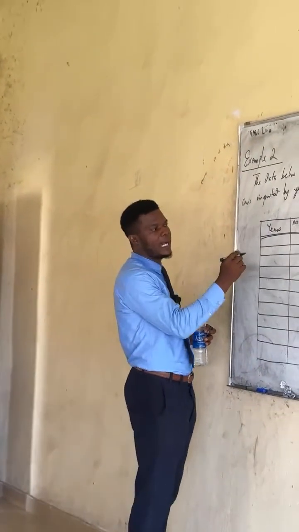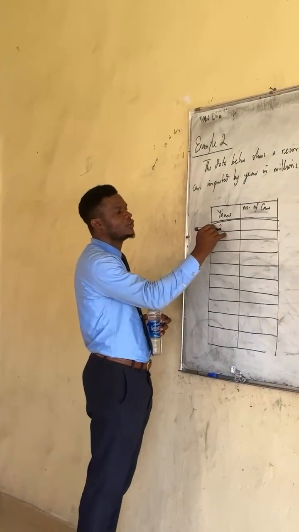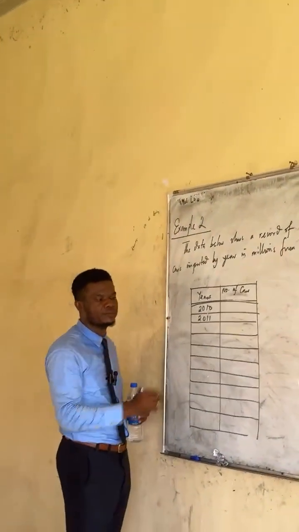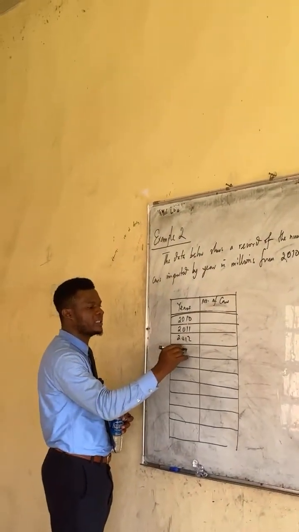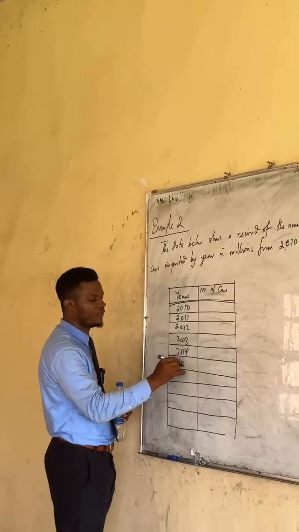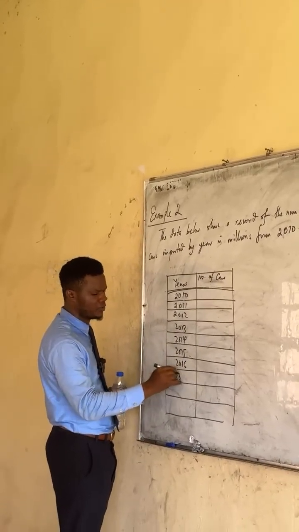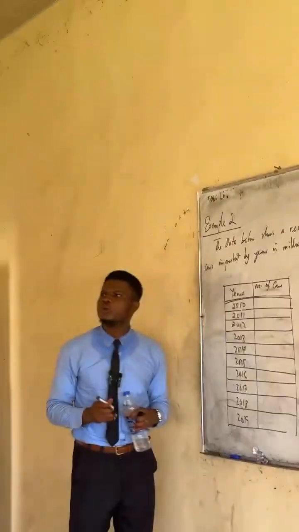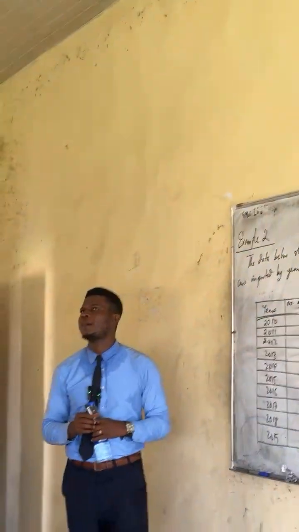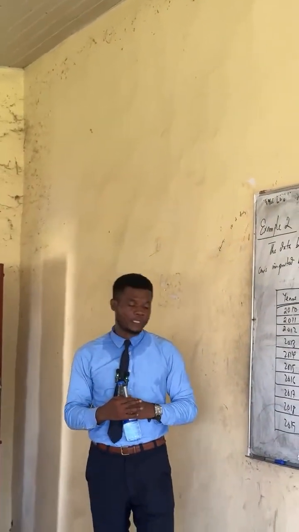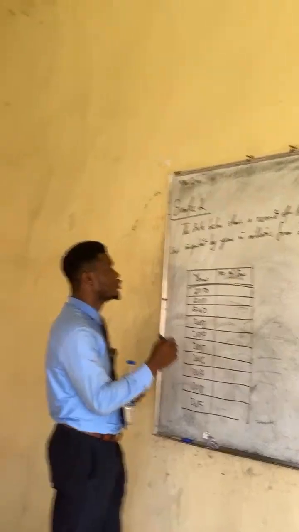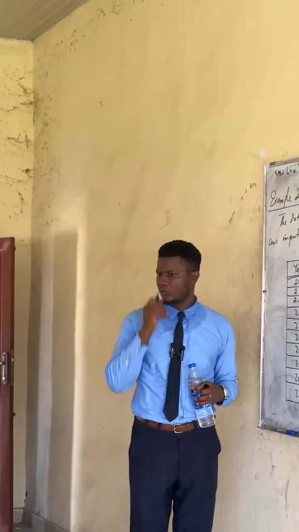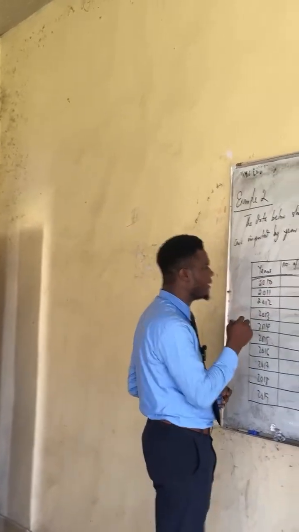Now, I'm going to put here 210, 211, 212, 213, 214, 215, 216, 217, 218, 219. Come on. How has our country been? Okay, tell me if I'm wrong anyway. In 210, who was the president of this country? Was Good Luck. Good. So things were better then.